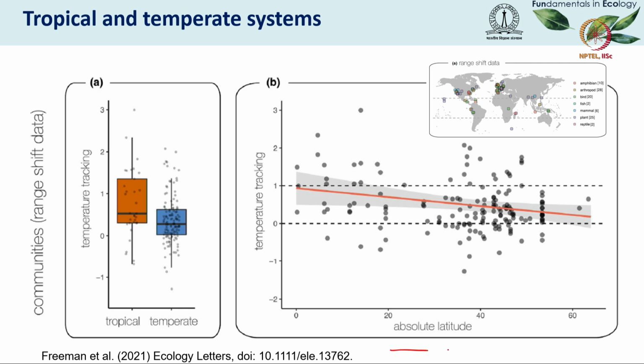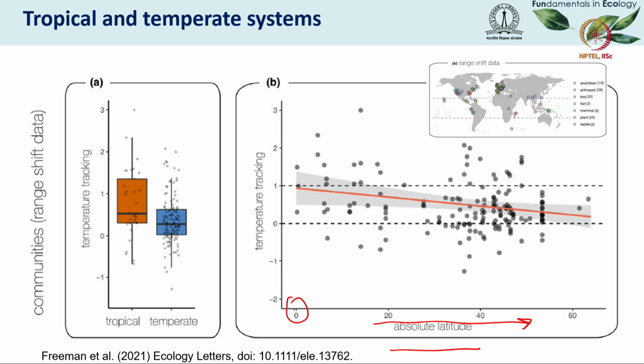So what you have here on the x-axis is absolute latitude. That is the equator, and as you go towards the right on this x-axis, you're moving away from the equator. These are multiple studies that have looked at the rates at which various species are shifting their elevational ranges.